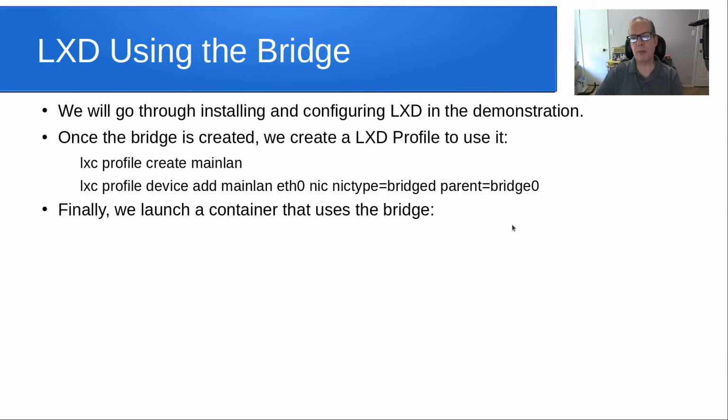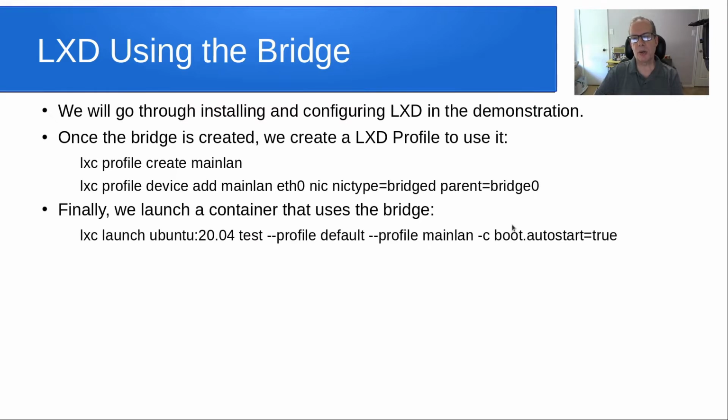And then finally, we need to launch a container that uses the bridge. So lxc launch ubuntu:20.04, test will be the name of the container. We use profile default because that creates the root storage device for the LXD container. And we use profile mainlan because that tells it to bridge back to our bridge device.